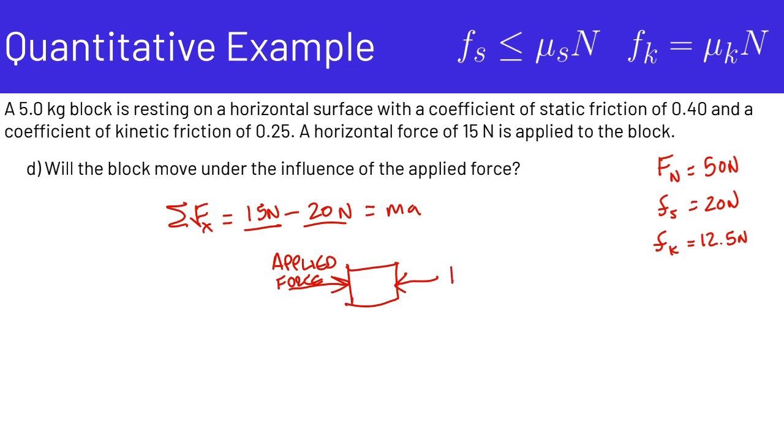So this is the static friction. So that static friction force is opposing the applied force to get the block moving, and the static friction is too strong for this particular applied force. We would have to have a force of greater than 20 newtons to be able to get the block moving.